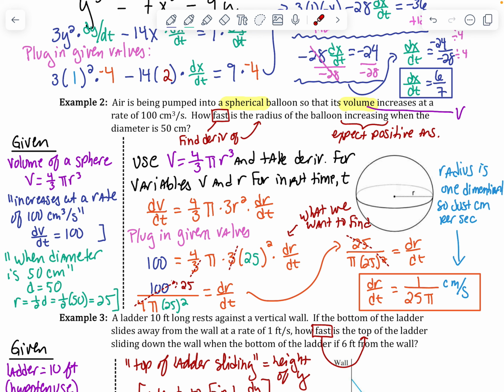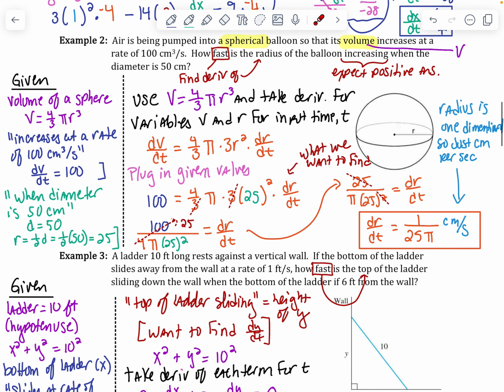Again, instead of solving for dr/dt from this original equation, I always think it's so much easier to plug my values in right away. We had decided that dV/dt is 100, and we had decided that r is 25. As I plug all of this in, it catches my eye right away that I have a 3 in a denominator and a 3 in the numerator, so I can go ahead and cancel those.